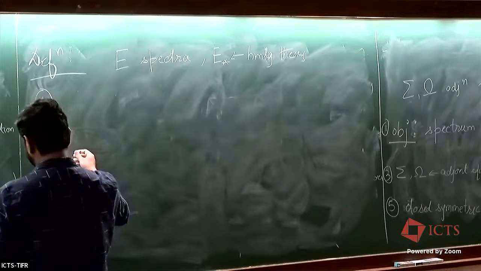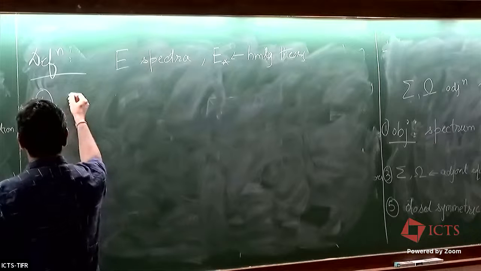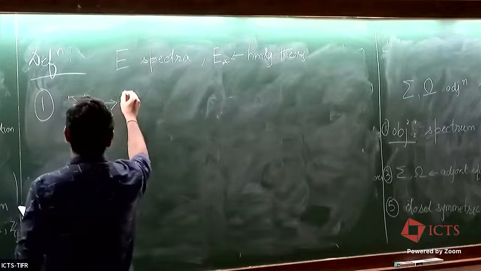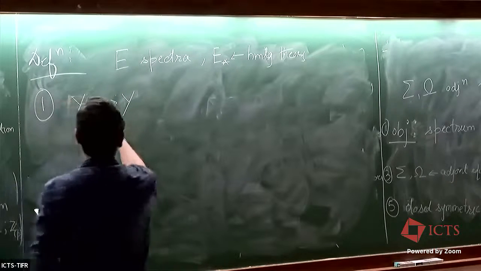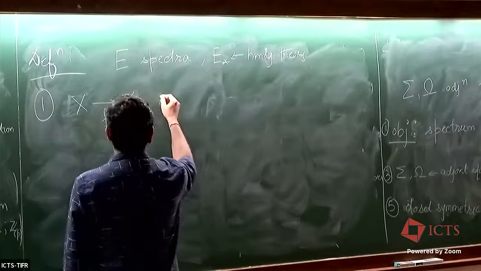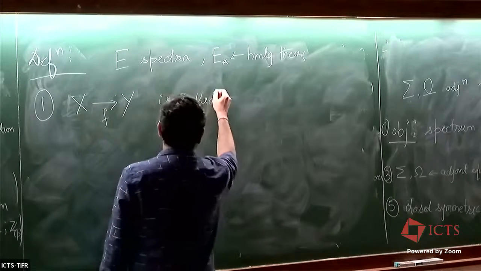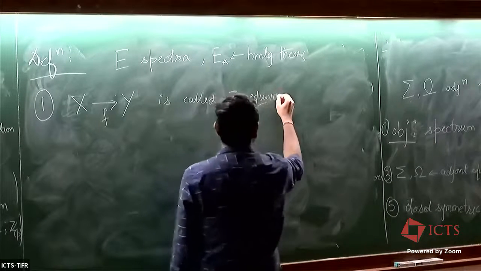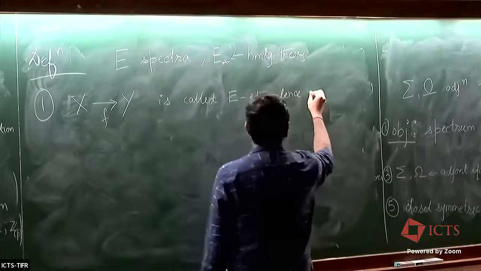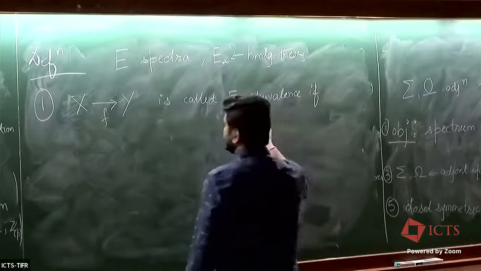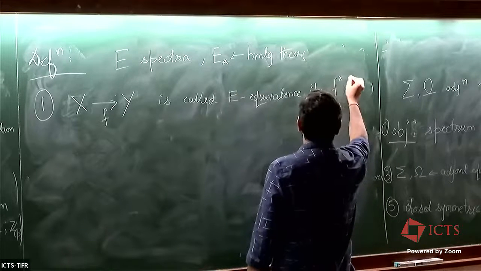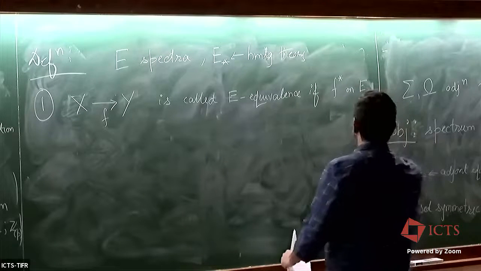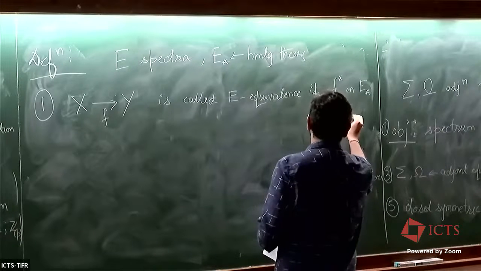Then first, a map F from X to Y between two objects in this category is called an E equivalence if F induces an isomorphism on this homology theory, E star.